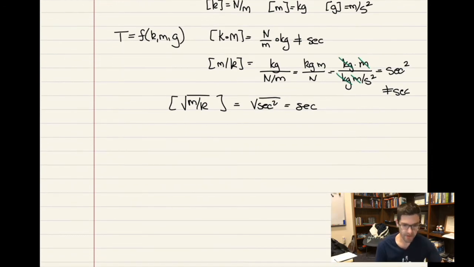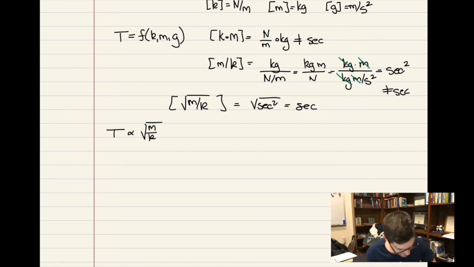So what this shows, without any fancy calculus or derivations, is that whatever this function of period is, it is at least proportional to the square root of m divided by k. This doesn't tell me exactly how they're related, but it tells me how they must depend on the things that have units. So the period is proportional to the root of m over k.